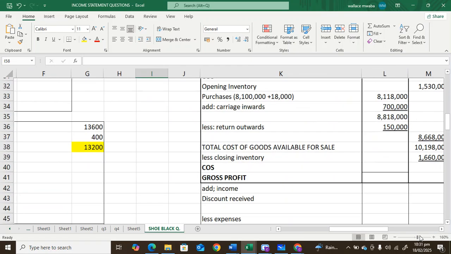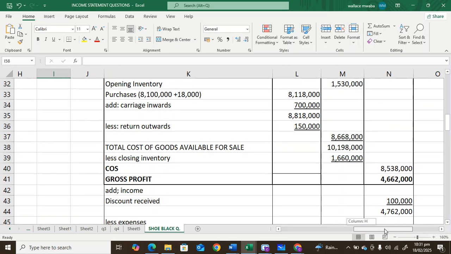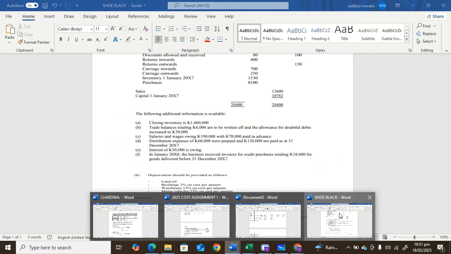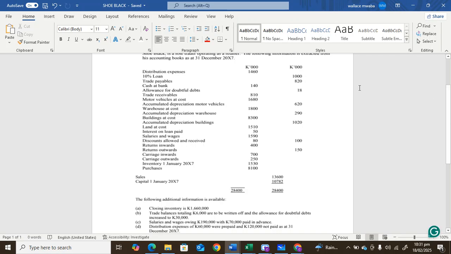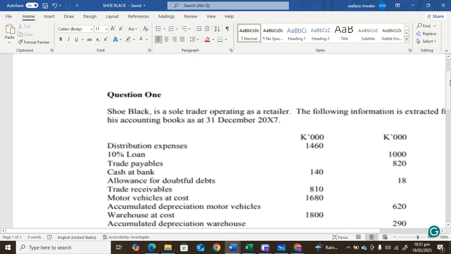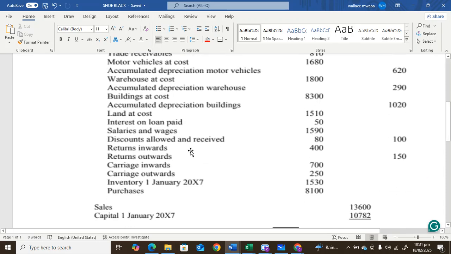Yes. So discount received from our question here, we can see here. Okay, we have got discount allowed and received. One amount is on the debit side, 80,000. One amount is on the credit side, 100,000.